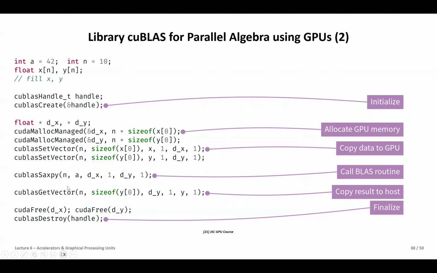And now I have the vector, which is the outcome of this routine, from this sexpy, back on the host CPU. And then I can work on the host CPU for different reasons. I can think about changing elements in my scientific applications, whatever I needed to use this BLAS routine for.